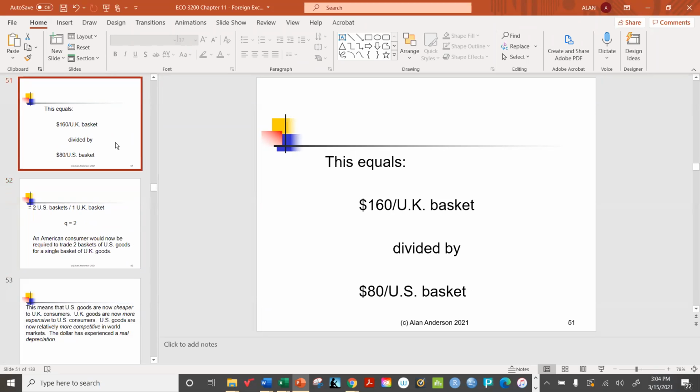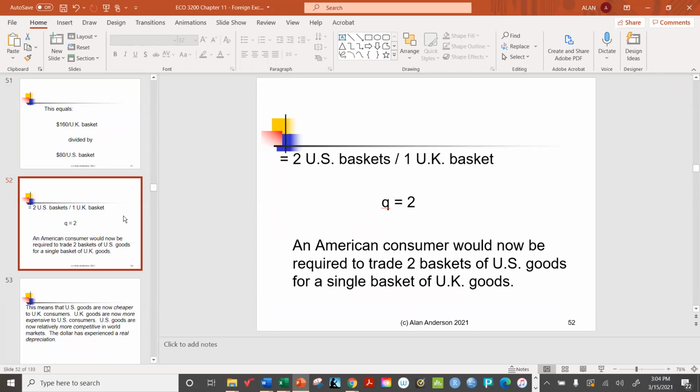So this ratio, 160 per UK basket divided by 80 per US basket, means that the ratio becomes 2, which means we have to trade 2 baskets from the US to get 1 basket of UK goods. So you might say to yourself, what's going on here? What does that suggest about our exports?